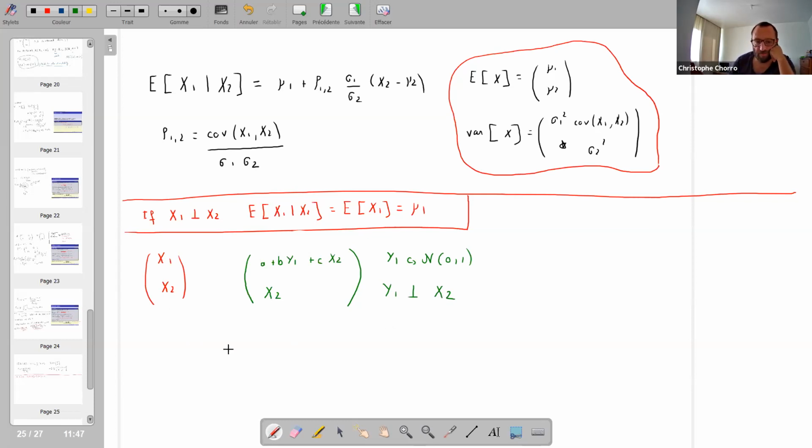Okay, so I want to modify, in some sense, the initial vector, building a new one that takes this form here, okay? So let's study a little this vector here. If I denote this vector by y, I know that it is a Gaussian vector because y1 and x2 are independent. So this vector first is Gaussian.